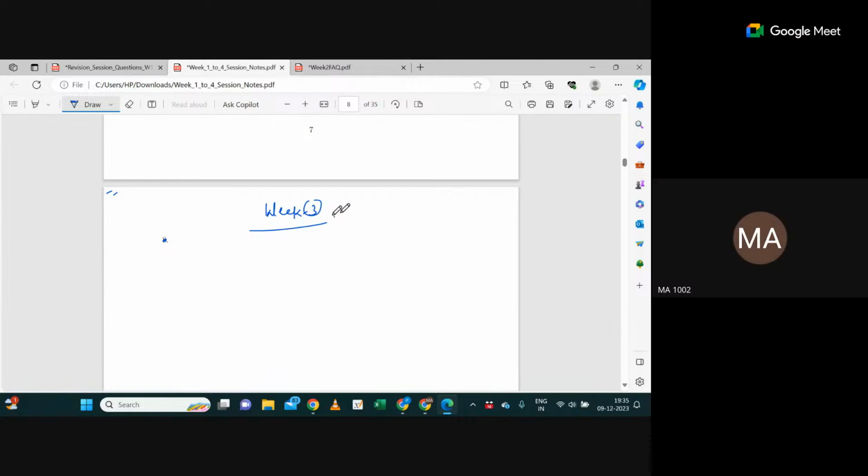For the numerical data set, we know how many types there are: discrete and continuous. How will you identify discrete?